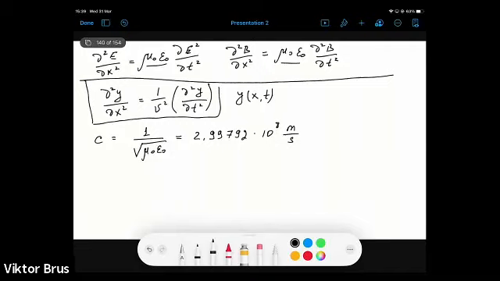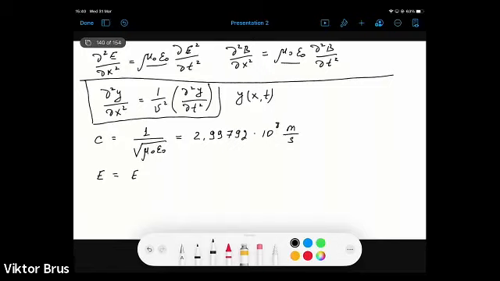Since these equations for electric field and magnetic field vectors obey this general wave equation, we can write for the wave functions the following dependence on x and t in some explicit form.